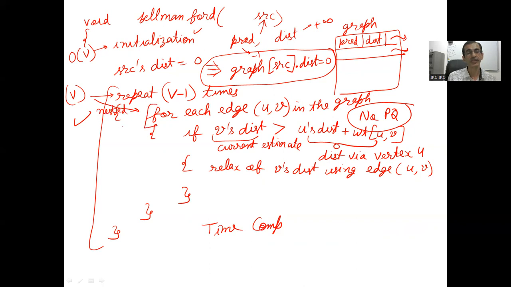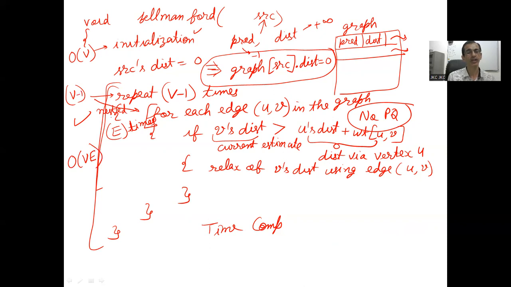this is going to be E times, each edge of the graph, clearly meaning that overall this executes order of V into E times.